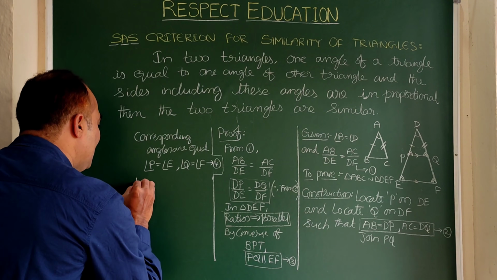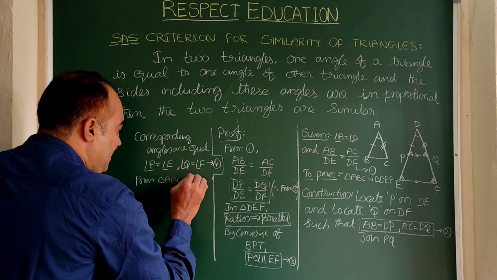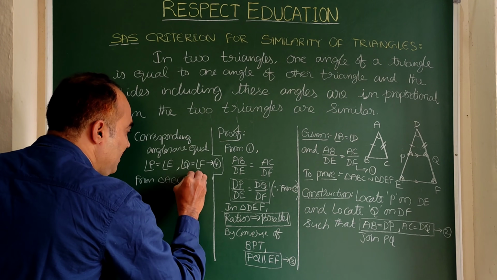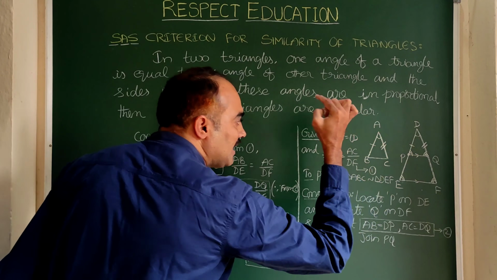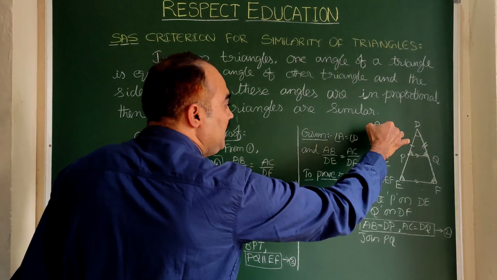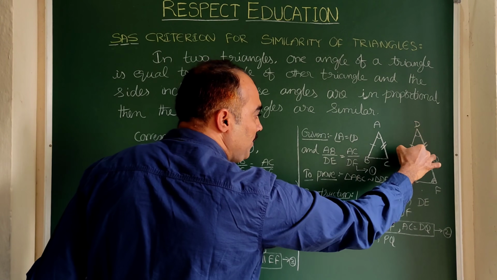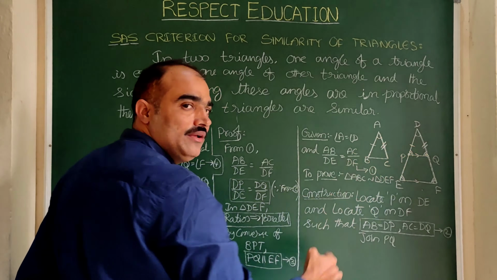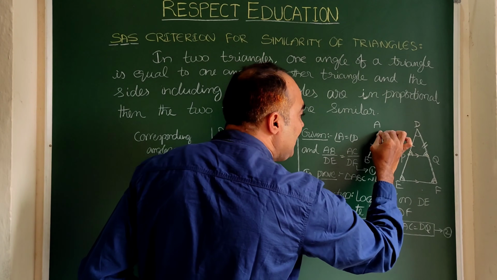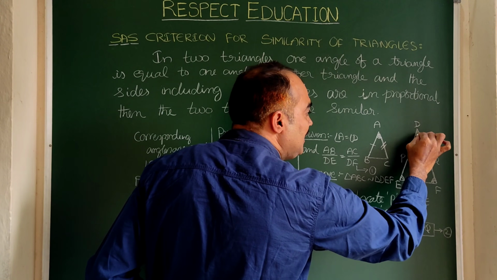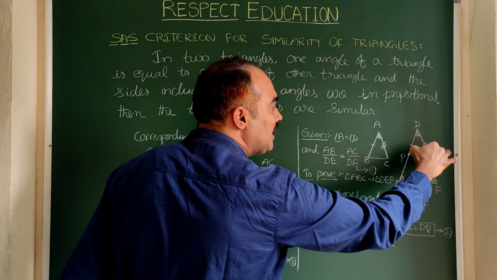Now I am taking triangle ABC and triangle DPQ, this upper triangle with this triangle. AB is equal to DP, AC is equal to DQ, and angle A is equal to angle D. So by SAS congruency, both the triangles are congruent.